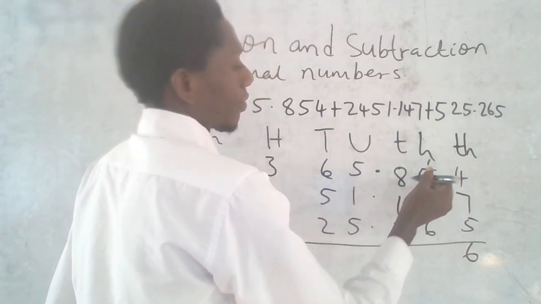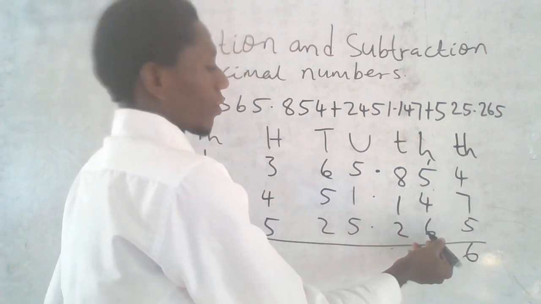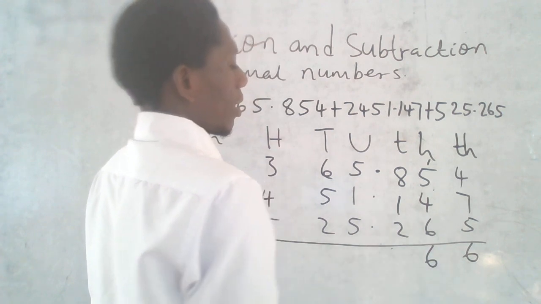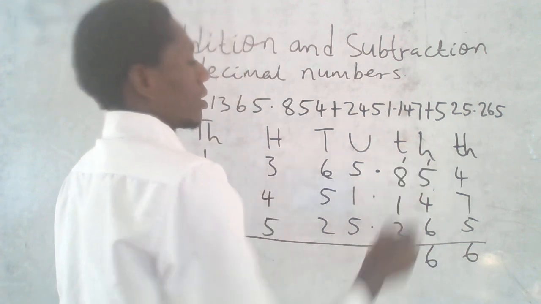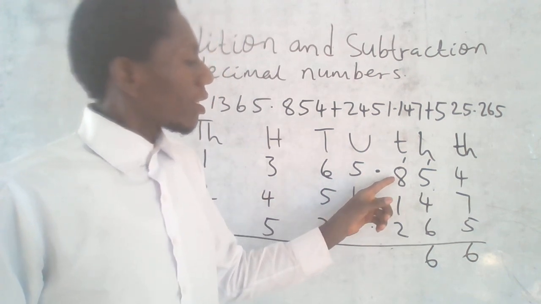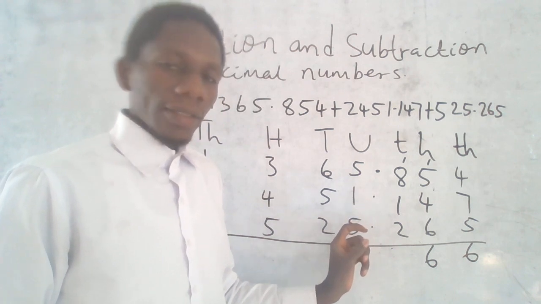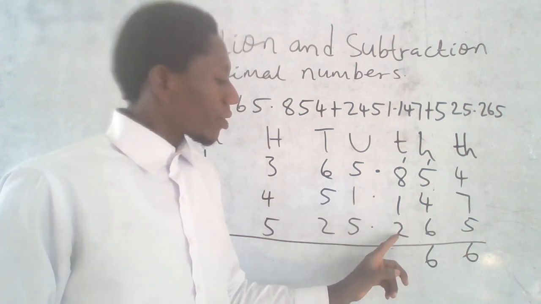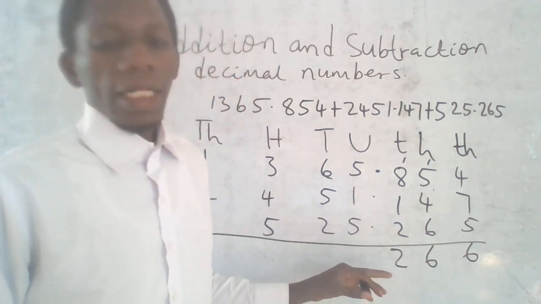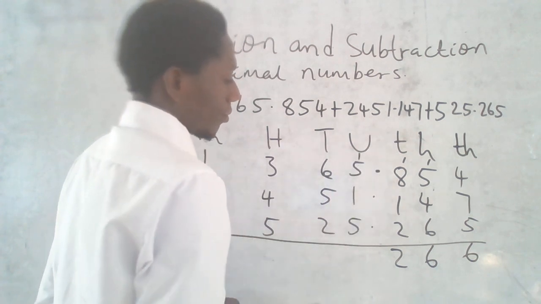So 1 plus 5 is 6, and 6 plus 4 is 10, and 10 plus 6 is 16. I'll still carry 1 and add it to this 8. 1 plus 8 is 9. 9 plus 1 is 10. And 10 plus 2 is 12. I'll still write 2, and I will carry 1 to the next 5.